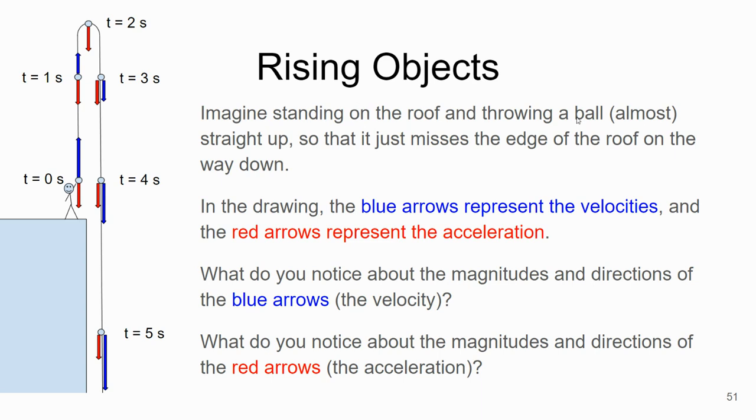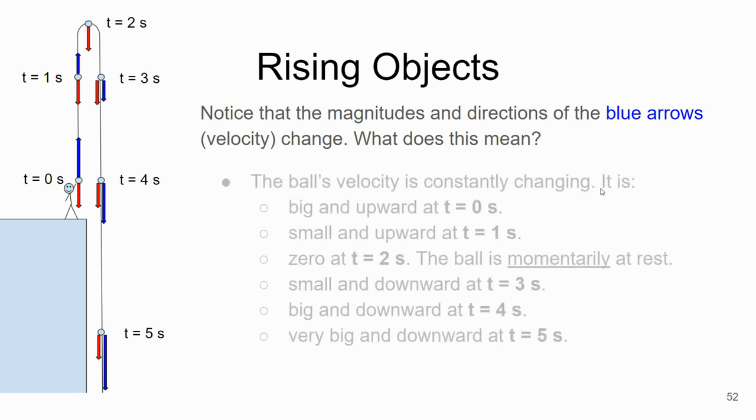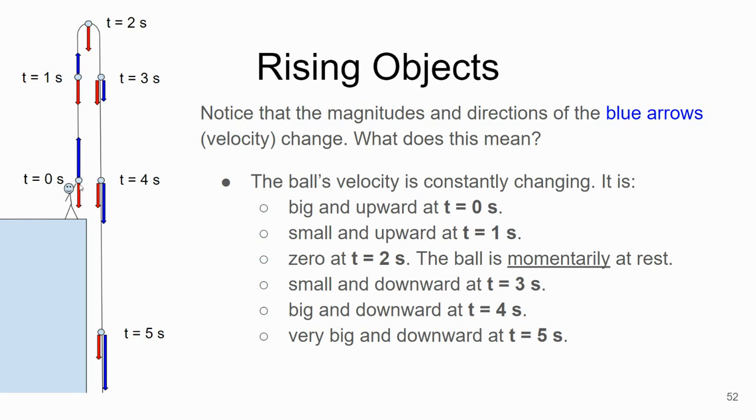When we do this, there are a couple of interesting things to notice about the velocity. Again, the velocity is the blue arrows. The magnitudes, meaning the size of the blue arrows, and the directions will change over time. At the beginning, at t equals 0 seconds, the ball leaves your hand. It's going up, and the velocity is, let's say, medium size.